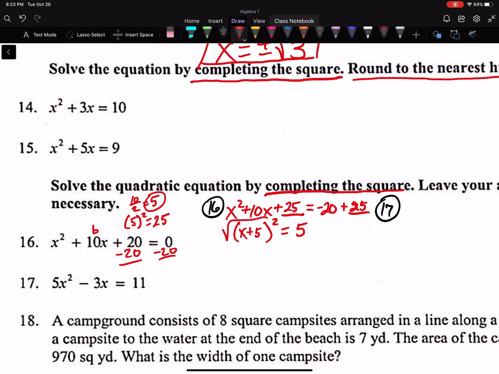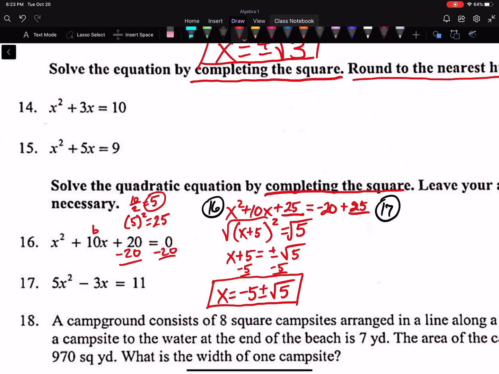I take the square root of both of those, end up with x plus 5 equals, plus or minus, I just leave it as the square root of 5, and then I subtract 5 from both sides, and I have my answer. So negative 5 plus or minus the square root of 5. I get to leave it like that. That's the leaving it in radical form. Okay?